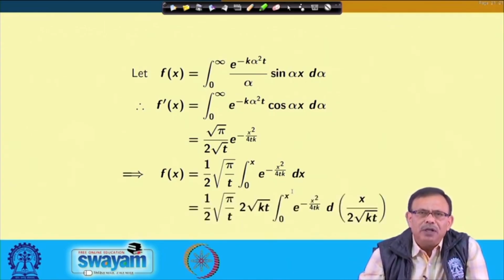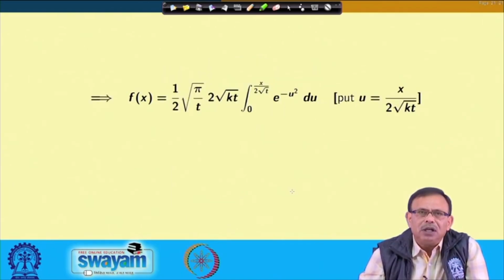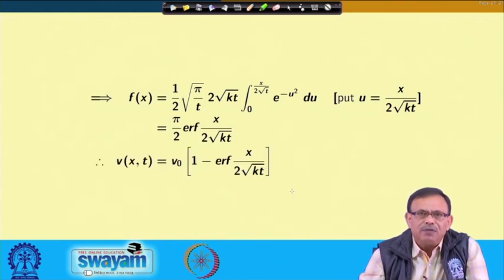And if I evaluate this integral, by substituting u equals x by 2 root k t, the value becomes error function ERF of x by 2 root k t as f x. So, your v x t becomes v 0 into 1 minus error function of x by 2 root k t, and this is nothing but v 0 into complementary error function of x by 2 root k t. So, I hope the solution processes are clear to you now.